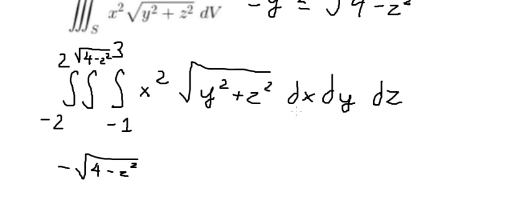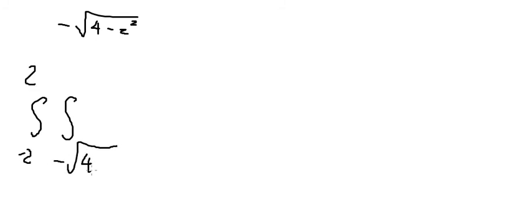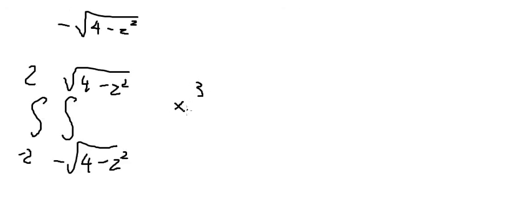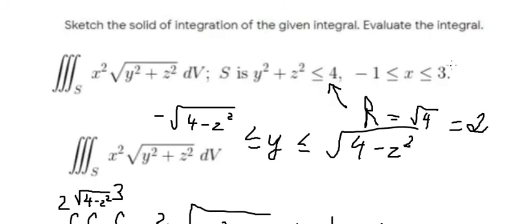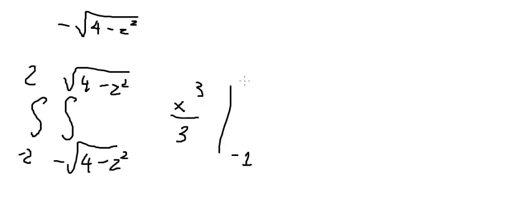So we have x squared in here, so we will get x to the power of 3 over 3, and we have the boundary from negative number 1 to positive number 3, and we put this one in here.